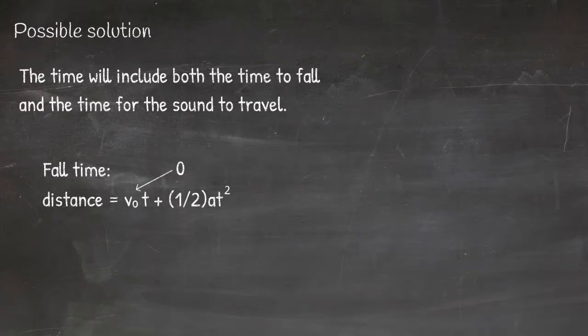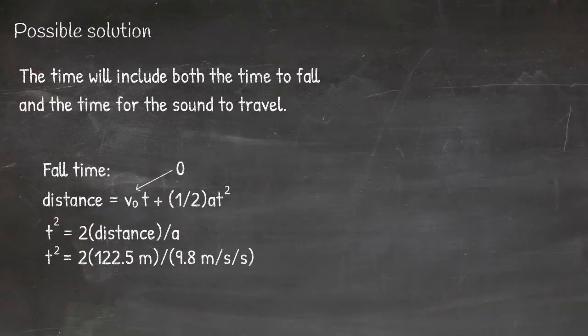So 0 times time is still going to be 0. Solve that equation for time squared, and we get twice the distance over the acceleration, and we know all of those numbers, so we can calculate the time it will take to fall. Stick in the 122.5 meters, multiply by 2, divide by 9.8 meters per second each second, and we get a time for the fall of 5 seconds.